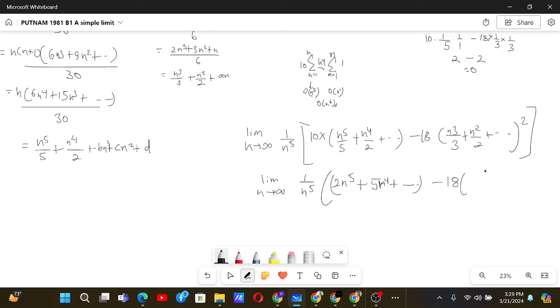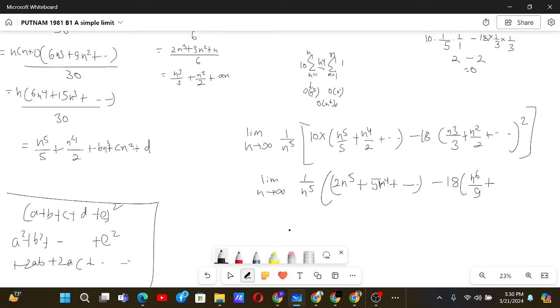That will be n to the power 6 by 9, and basically 2 times these two. Even if you have, let's say, a plus b plus c plus d plus e, if we are squaring this, first of all take the square of each of the terms, and then multiply each other: 2ab, 2ac. That's the way.